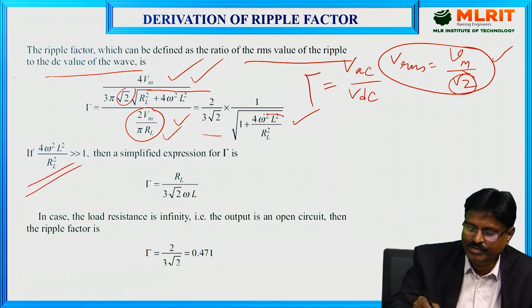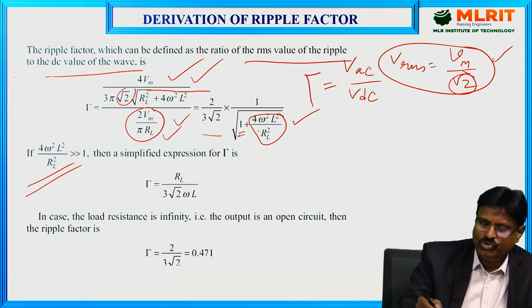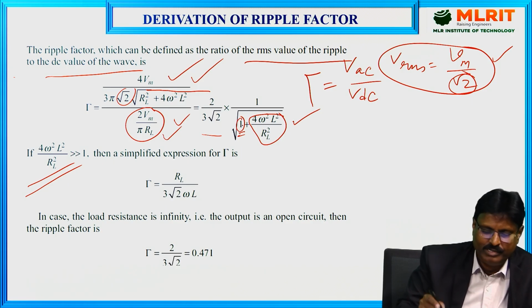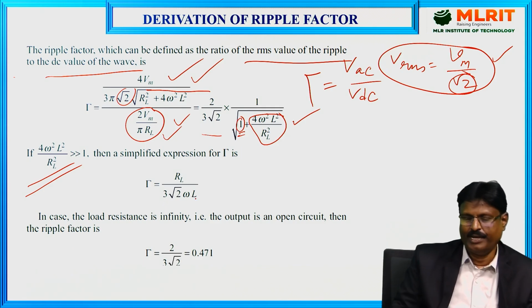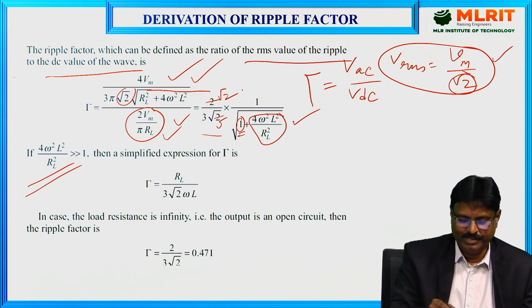So if you observe this term, when compared with 1, it is very, very large. So we can ignore this one. If you ignore this one, the ripple factor is equal to RL by 3 root 2 omega, and this will be root 2 by.